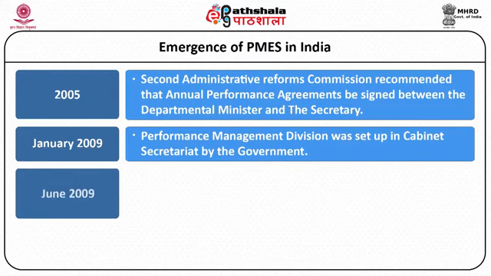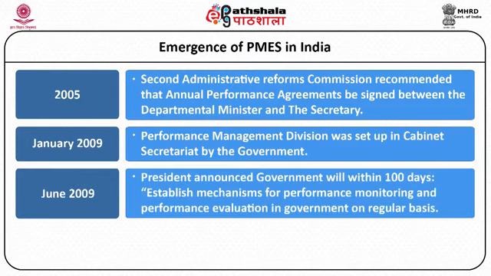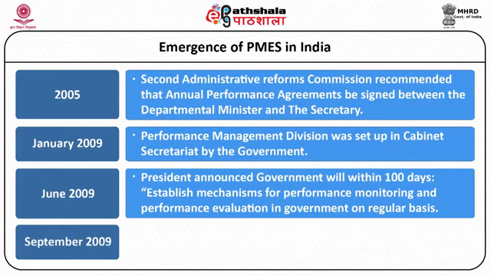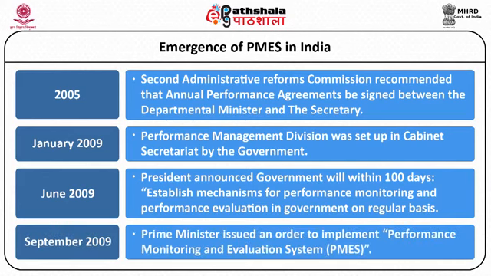The President announced the establishment of performance monitoring and performance evaluation in the government on a regular basis. In the same year, in September, Prime Minister issued an order to implement the PMES system in the government.